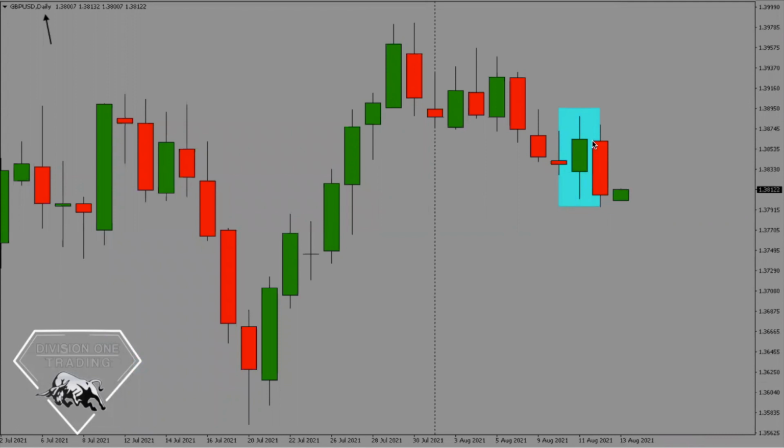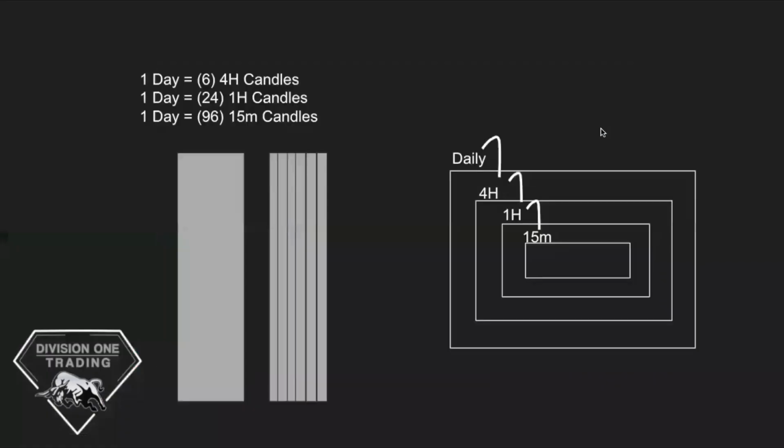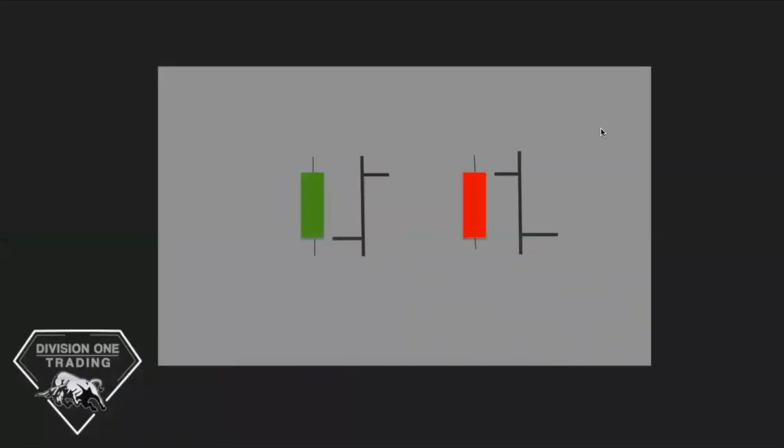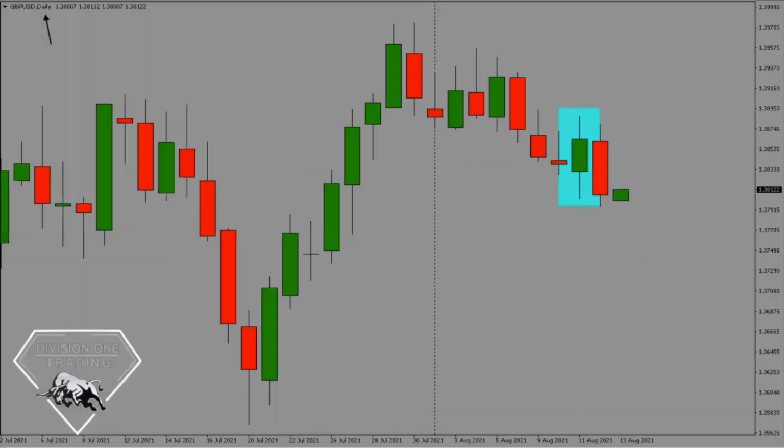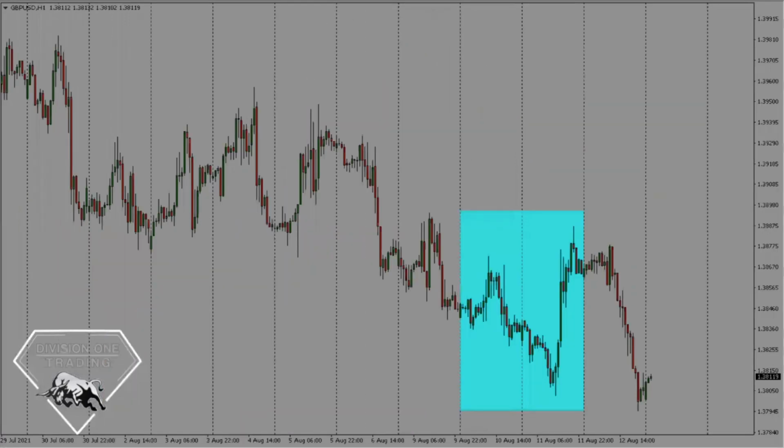So when this candle opened and traded up, because we know the anatomy of a candle, if it opens and trades up, it's most likely a bearish candle. Not guaranteed, but in higher probability situations. So when we get here and we're on this 1-hour chart and we see this candle trade down, it's obviously oversold.